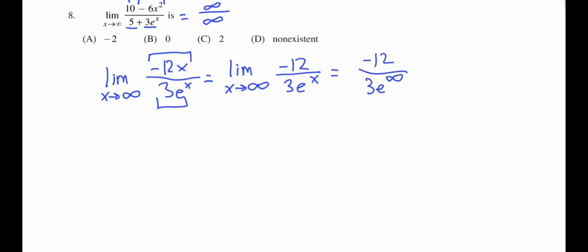And e to some very big number times 3 would be some very big number. So we have -12 over some very big number, and that would be approaching a value of 0. So the answer for this would be 0, which is choice B.